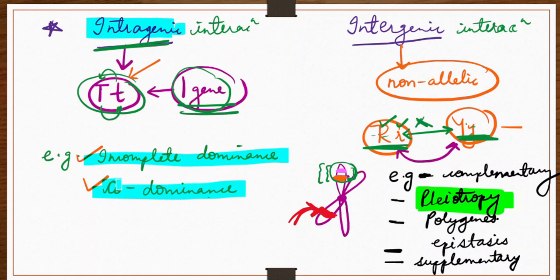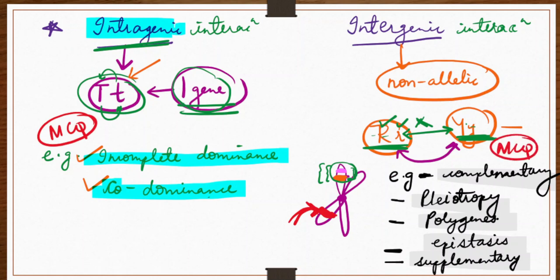Codominance is also an intragenic interaction. You should know that polygenes, epistasis, supplementary, complementary, and pleiotropy are all intergenic interactions. Again, this can be asked as an MCQ here.